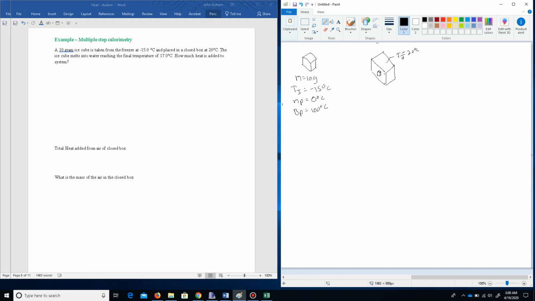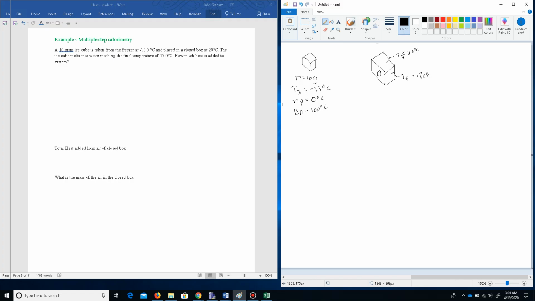And the ice cube melts into water and eventually will reach the final temperature of 17 degrees Celsius. Right. So what is happening here is none of the mass's particles will escape. Some particles from the air will go into the ice and all that, but it's not going to ever leave the system. We want to know how much heat is added to the ice, basically.